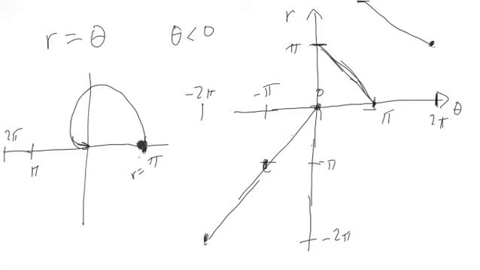Then as we go back to here, let's see what happens. We're going to wrap up. When our position is at negative pi over here, we've actually wrapped all the way to 2 pi. So we've come up here. So we're spiraling.